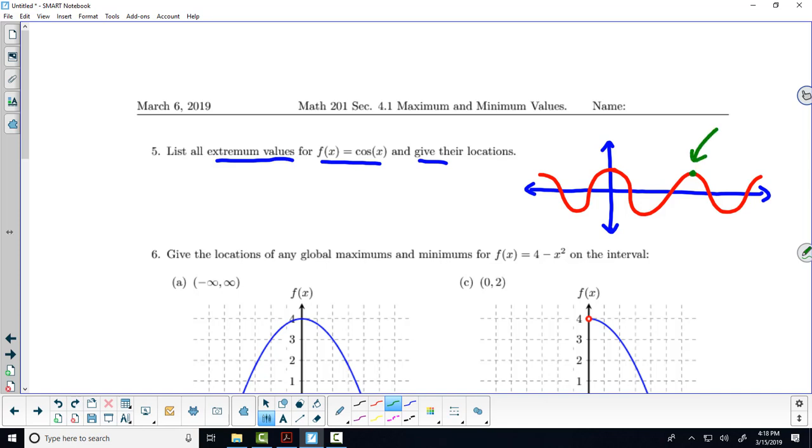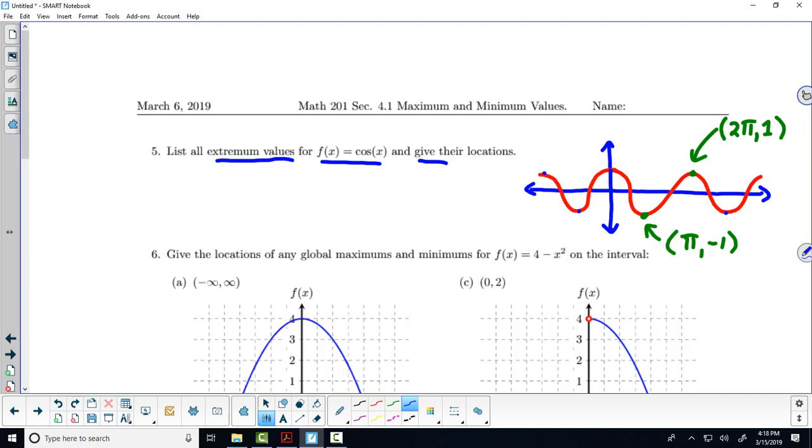What's this ordered pair? Well, this is the ordered pair 2 pi, comma 1. Whereas maybe down here for this local and global minimum, we have the ordered pair pi, comma, negative 1. Notice that it's no coincidence that we picked those two points.